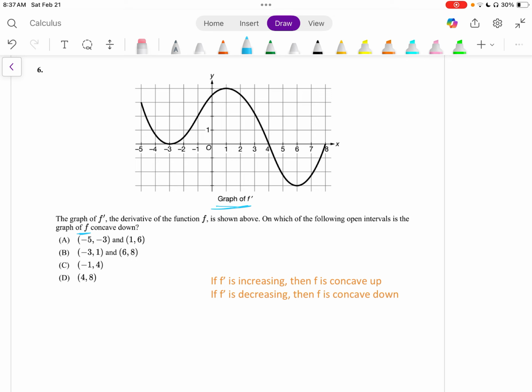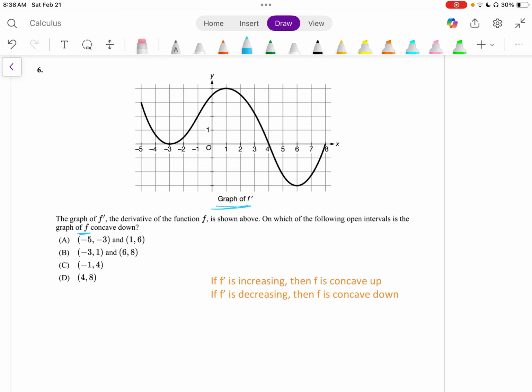Well, a lot of times we think of the second derivative when we think about concavity, but we can kind of back that up. A good thing to know is if our first derivative is increasing, then the original function is concave up. If the first derivative is decreasing, then the original function is concave down.